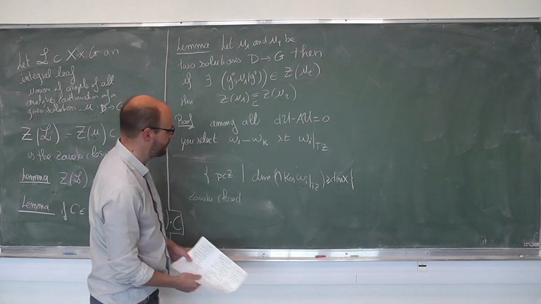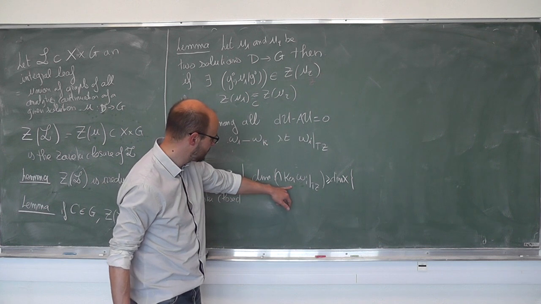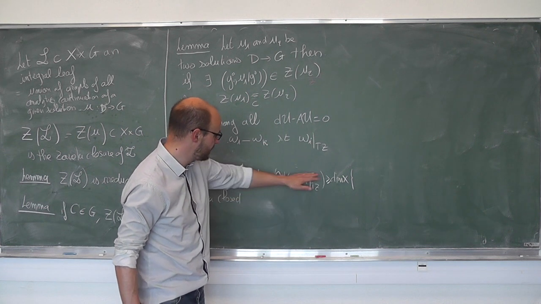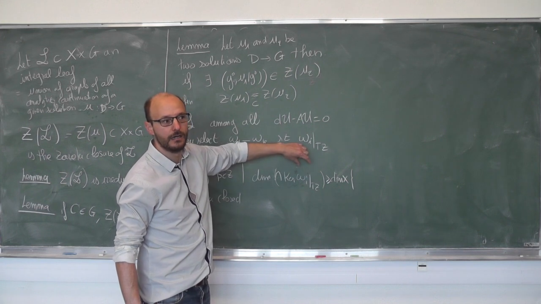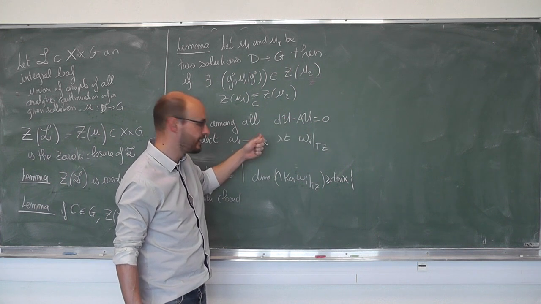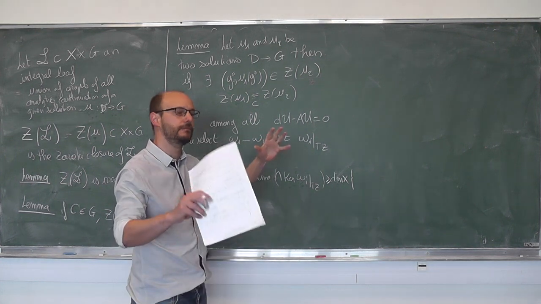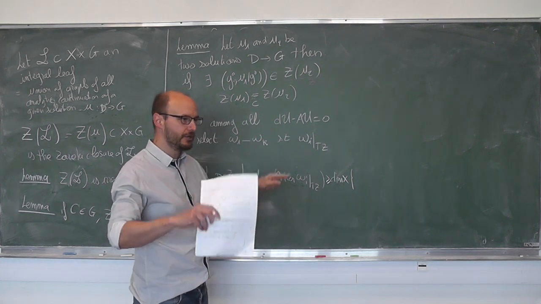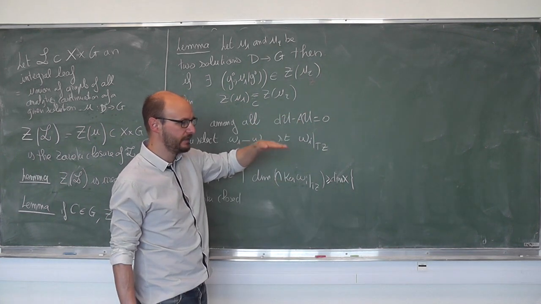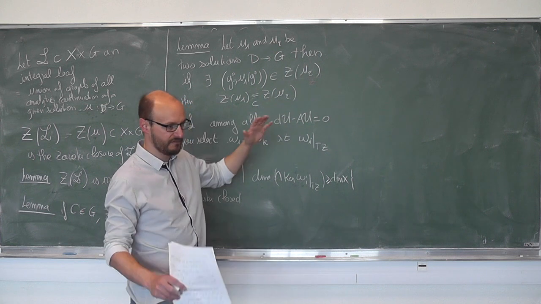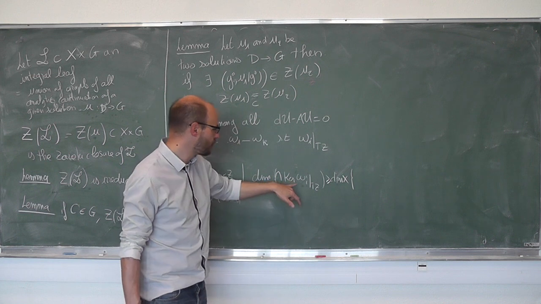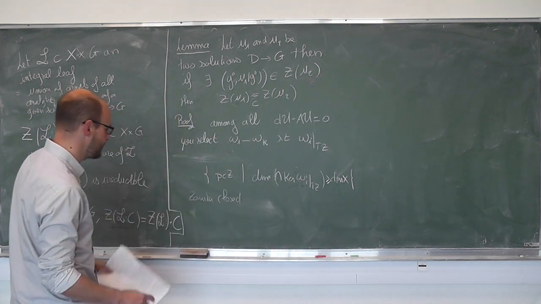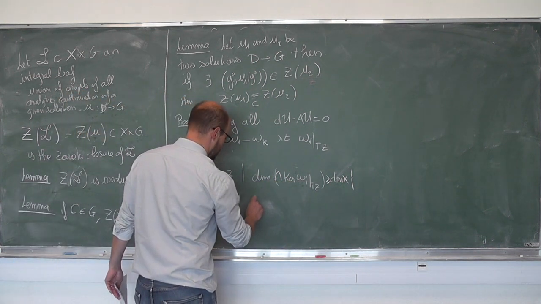It is Zariski closed because the dimension of the kernel being bigger means that the rank of these one forms is smaller, and the rank being smaller means that some minor of the matrix is 0. So this is a closed condition.